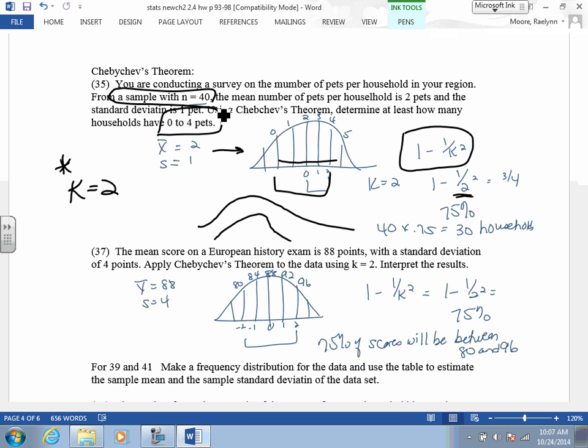You had a lot to do with this one problem. You take 75% of your 40, and you come up with 30 households. 30 of the 40 households that you sampled should have between 0 and 4 pets. And that's a variety in itself.